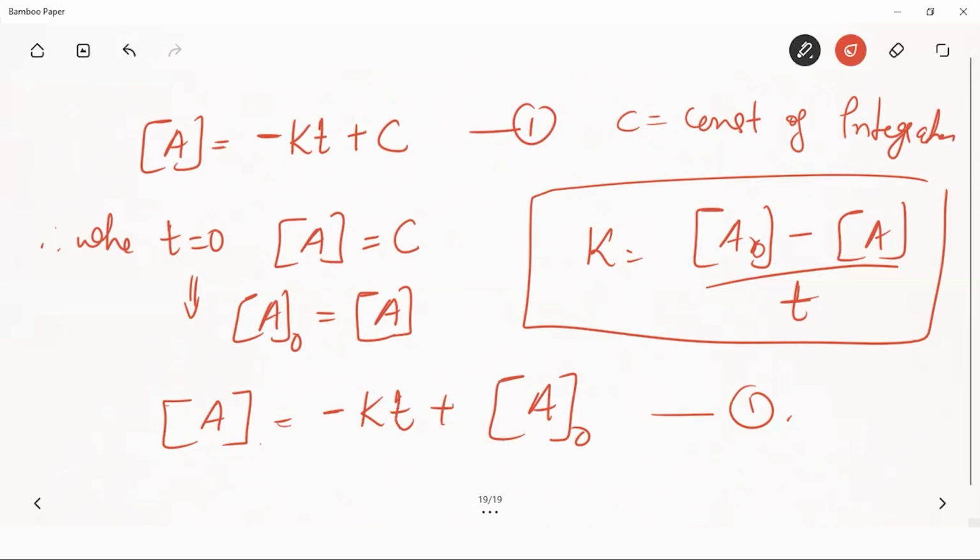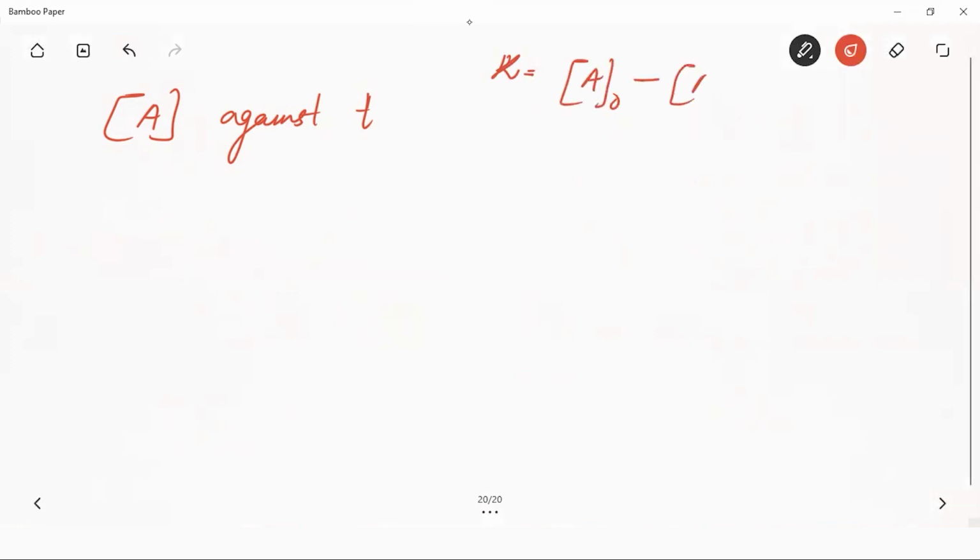Now we have to plot some graphs. Graphs are very important. The first graph is concentration of A against t. What is our equation? k is equal to ([A]0 minus [A]) by t. We are going to plot [A] against t.